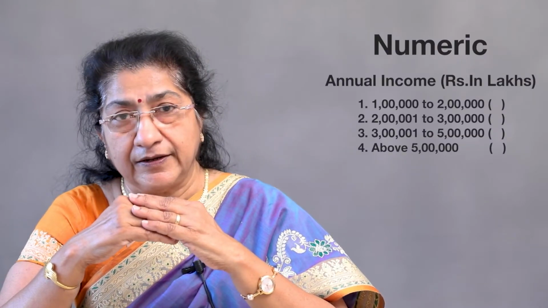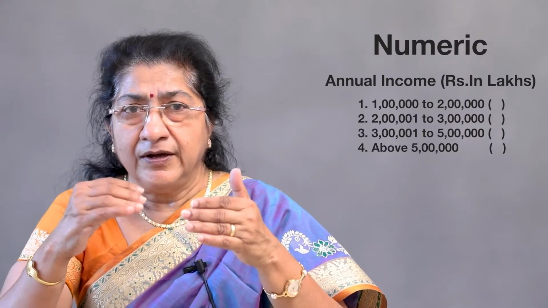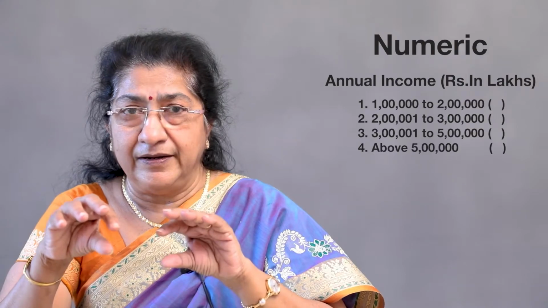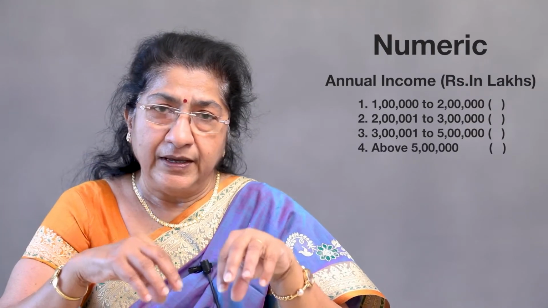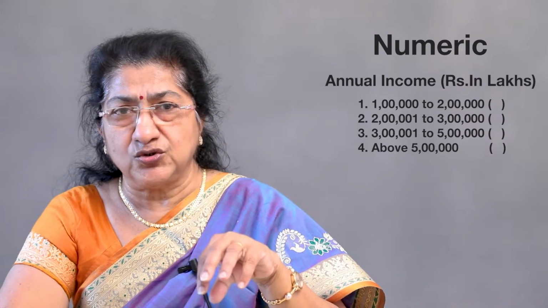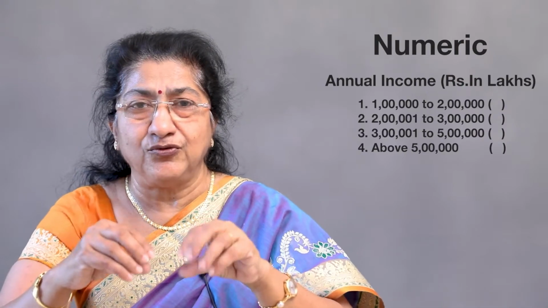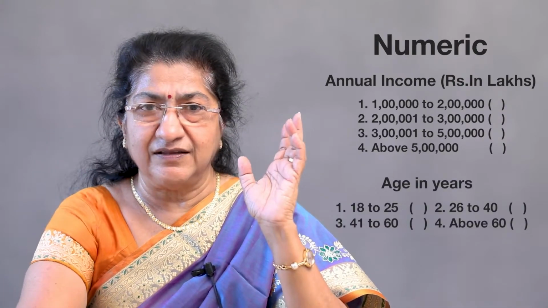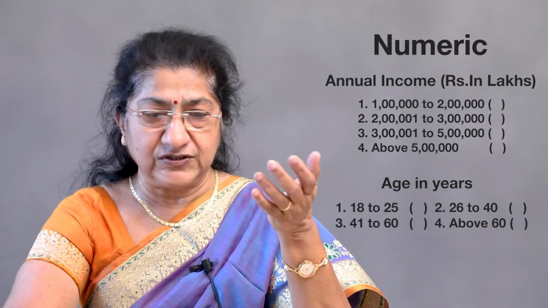Another type is numeric. We know numerical data. In that one, numbers are already given. So suppose income, 5 lakhs to 6 lakhs, 6 lakh 1 to 7 lakhs, and you have to write down. These are the examples of various types of questionnaire.